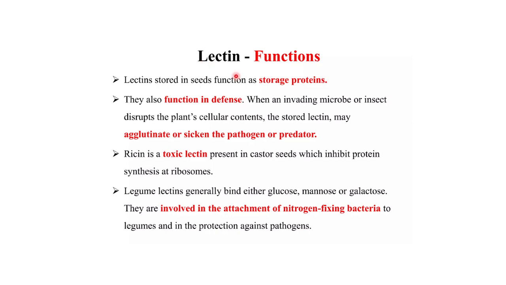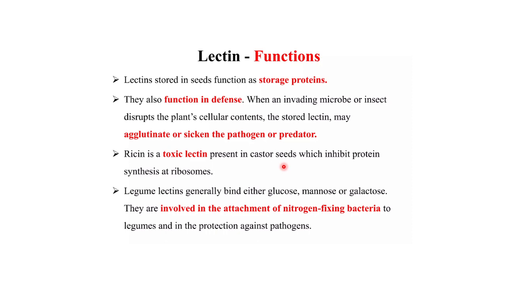Now the functions of lectins. Lectins are stored in seeds, where they function as storage proteins. They function in your defense machinery. When an invading microbe or insect disrupts the plant's cellular contents, the stored lectin may agglutinate or sicken the pathogen or predator. Ricin is a toxic lectin present in castor seeds, which inhibits protein synthesis at the ribosomes.